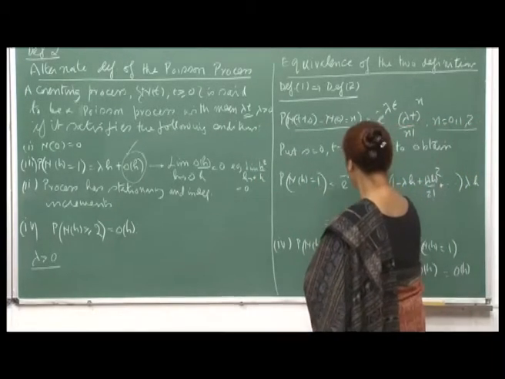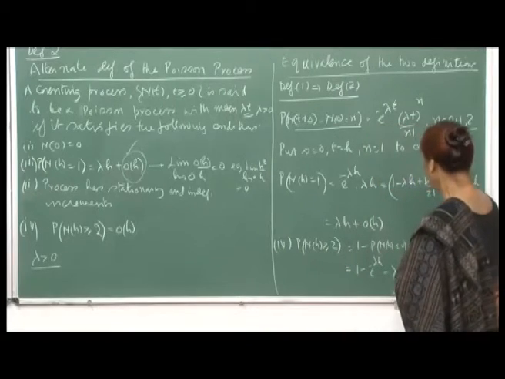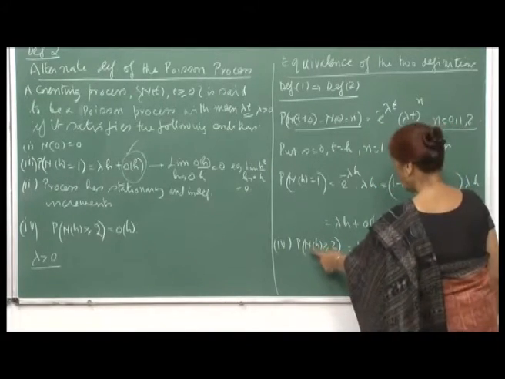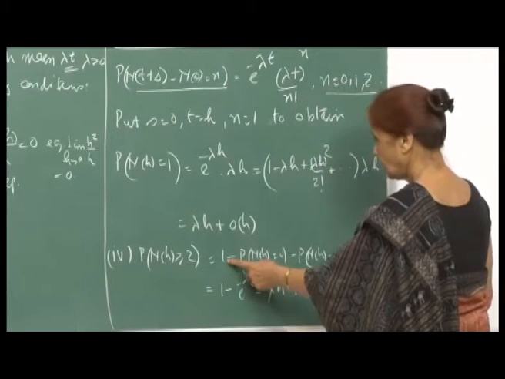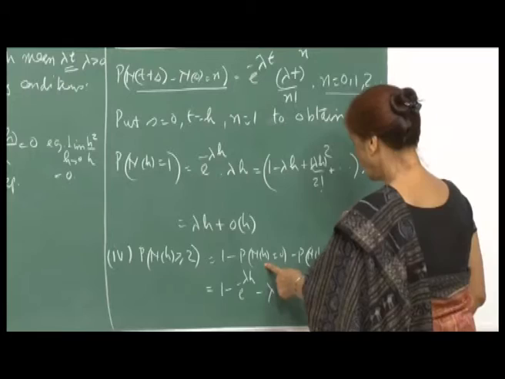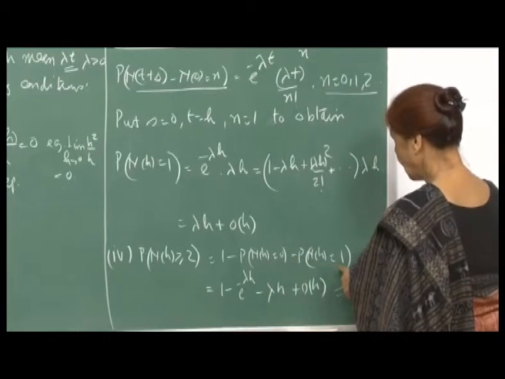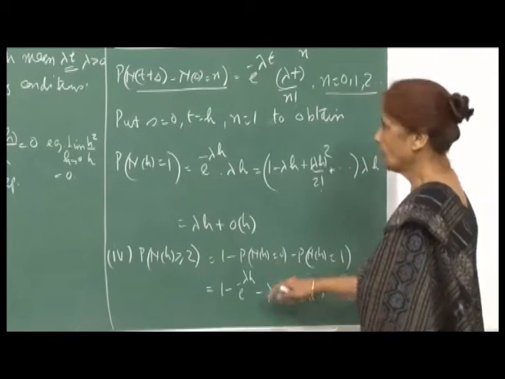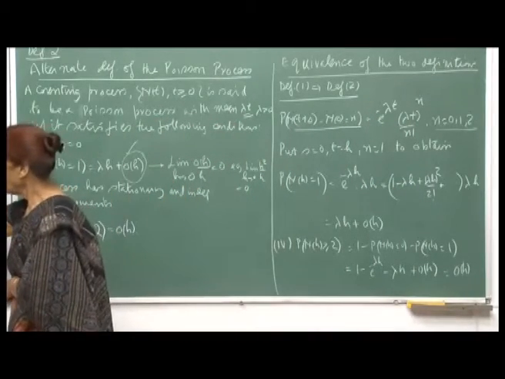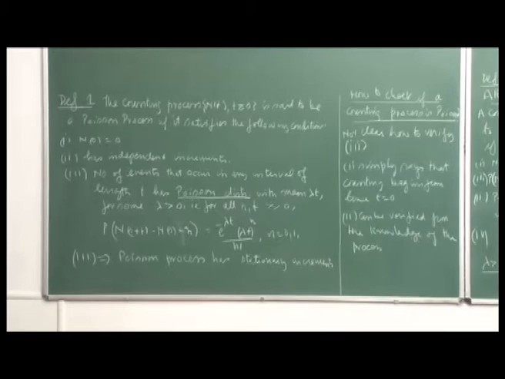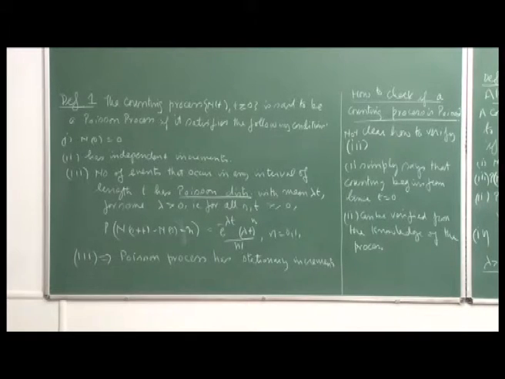Similarly, it is also implied for the other condition, because when you want to compute the probability N(h) greater than or equal to 2, this will be 1 minus probability N(h) equal to 0 minus probability N(h) equal to 1. Now, N(h) equal to 0, since your definition says that when n is 0, the probability is e raised to minus lambda h, that is all.